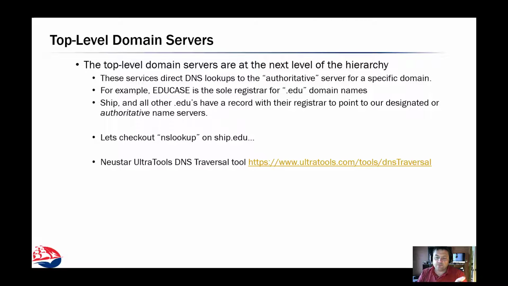But why do we have this middleman? I mean, it just seems really kind of complicated. It turns out that this is the classic divide and conquer approach for solving a big, hairy problem like this. Consider the split between the root servers and these registrar middlemen.